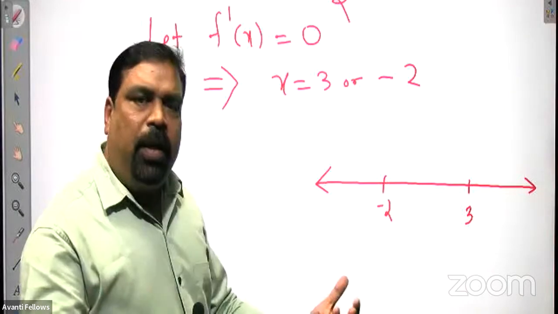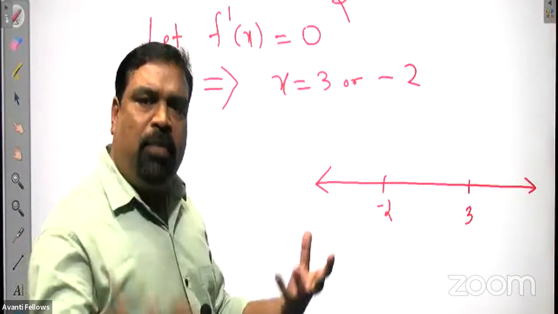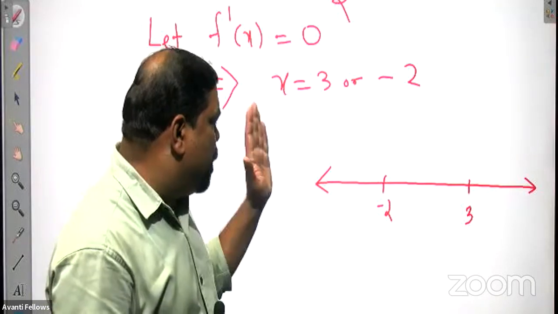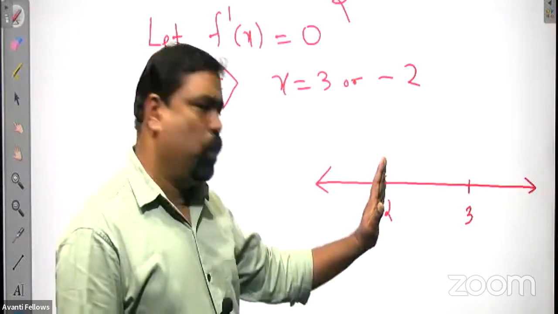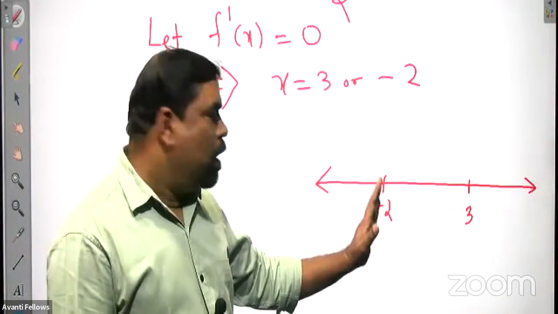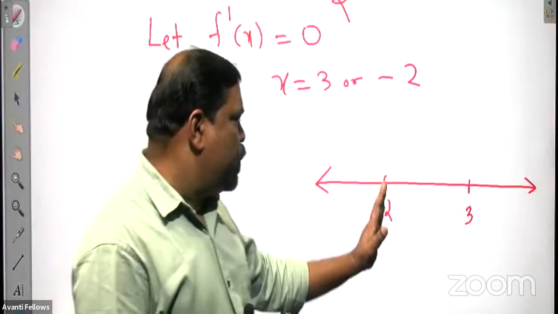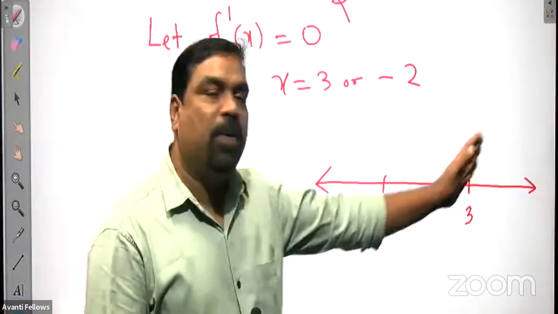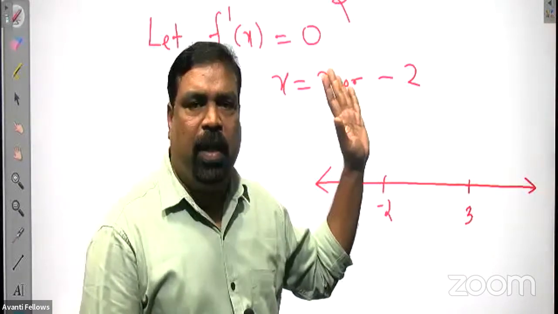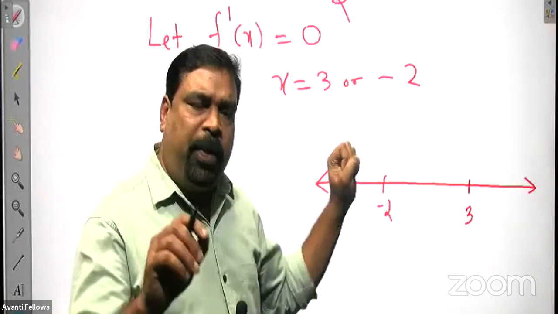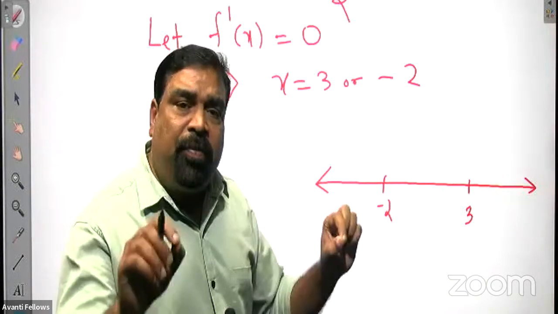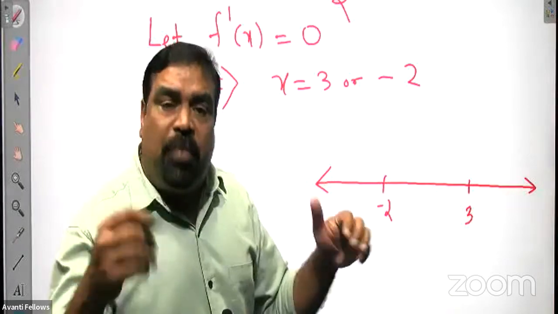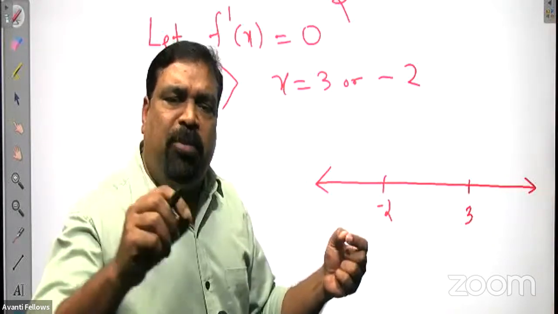So our domain is divided into how many intervals? 3 intervals. One interval is minus infinity to minus 2, the second interval is minus 2 to plus 3, and the third interval is 3 to infinity. Now what is the next step? We have to identify the sign of f dash x in each interval.